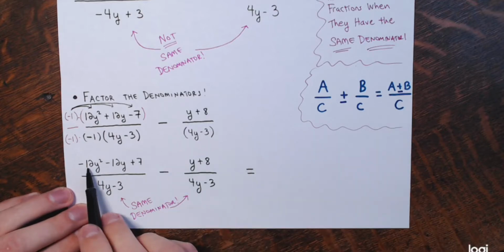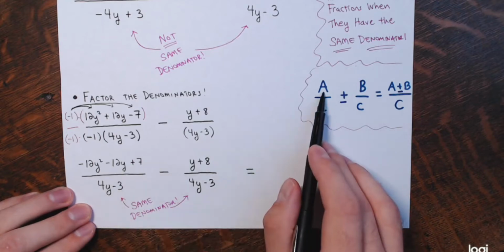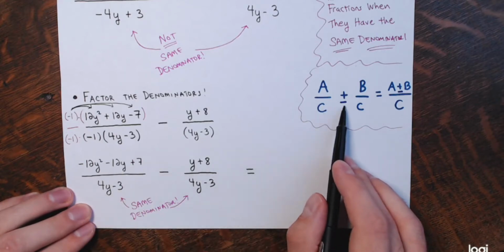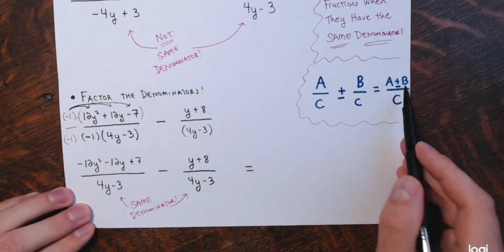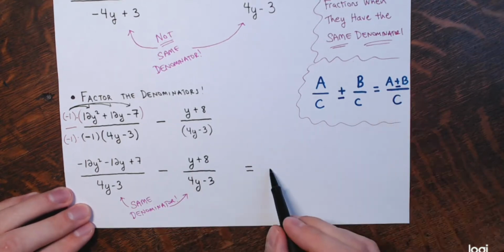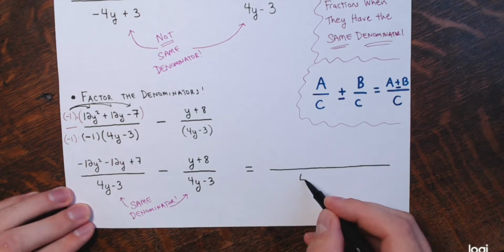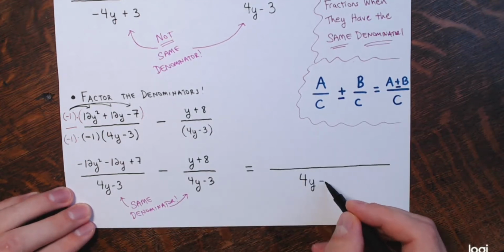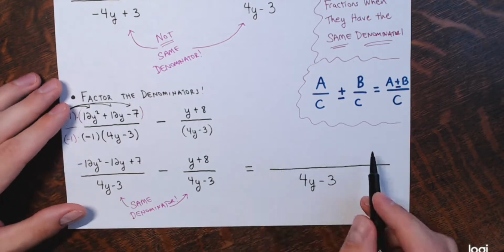The negative 12y squared minus 12y plus 7, that's the a. And you have minus, and then the y plus 8 is the b. So when I take the difference, that common denominator is the denominator of the difference. So I still write again 4y minus 3 in the denominator. It's the numerators that you're combining.